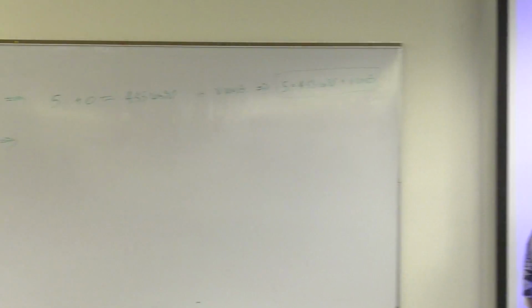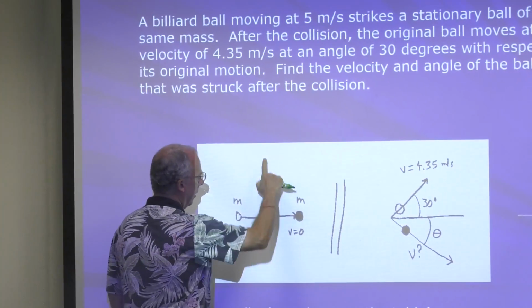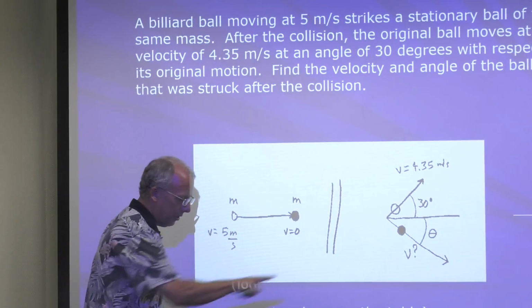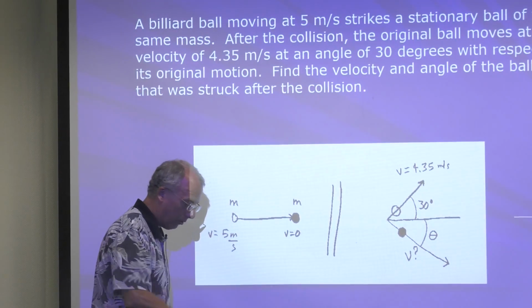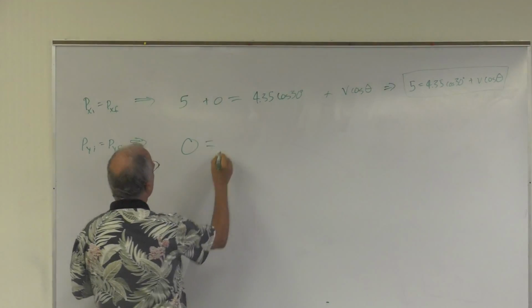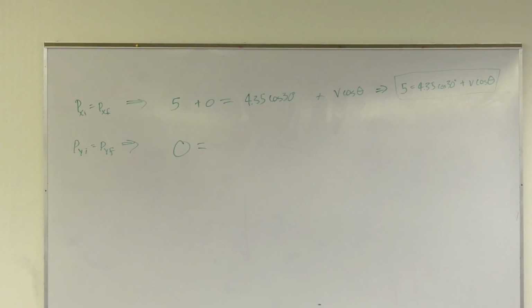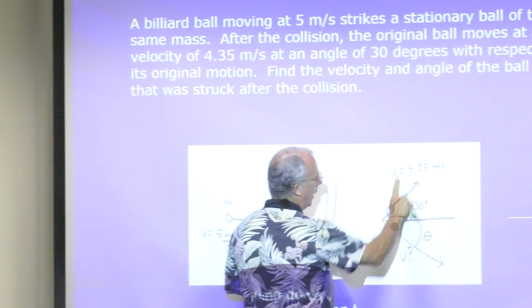What's the initial y momentum? 0, right? Because this is all along the x. Remember this is x, this is y, along the horizontal plane. So the initial y momentum is 0, wonderful. And then this is going to be 4.35 sine 30 times m.